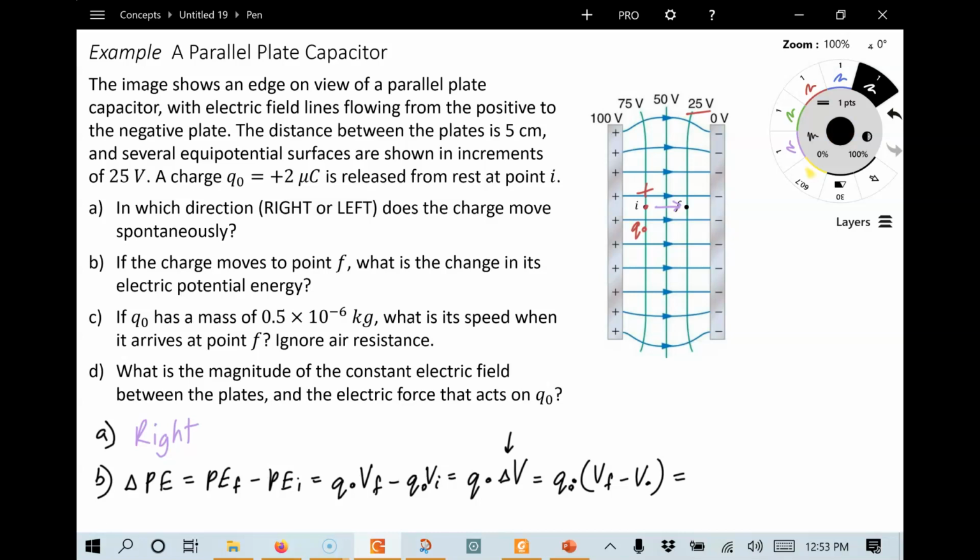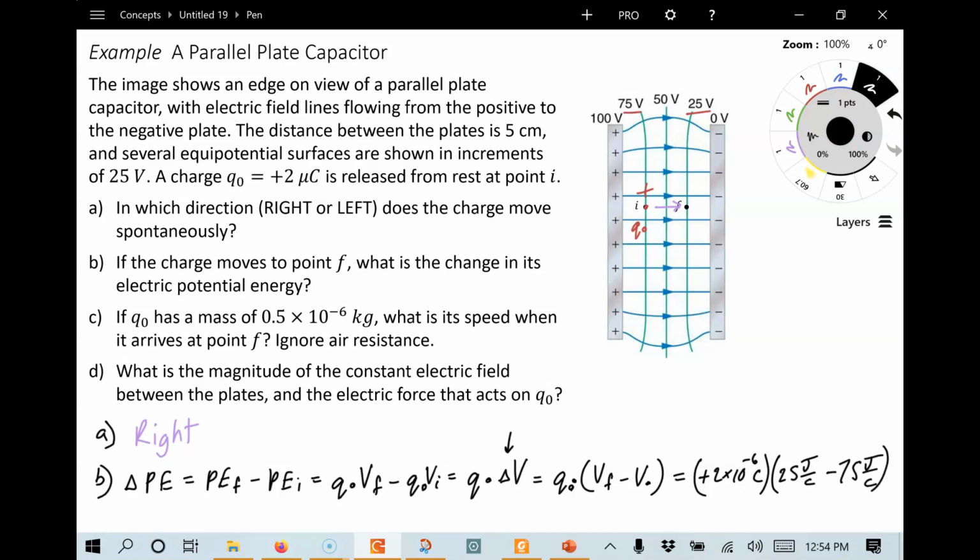So let's put in our value for Q, plus 2 microcoulombs, multiplied by V final, which was 25 volts. I'm going to make that joules per coulomb, same units. And V initial, here it is, 75. So minus 75 joules per coulomb.